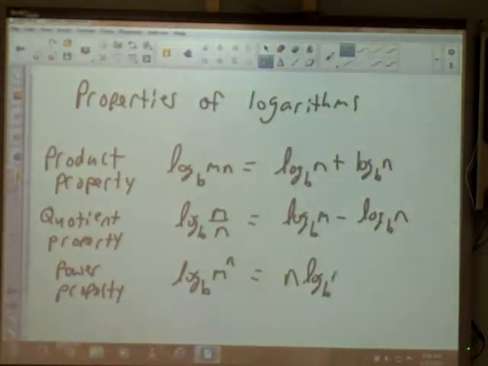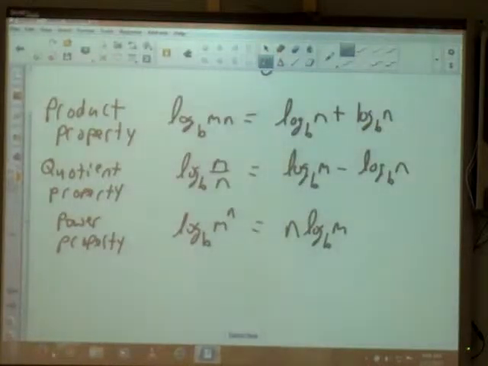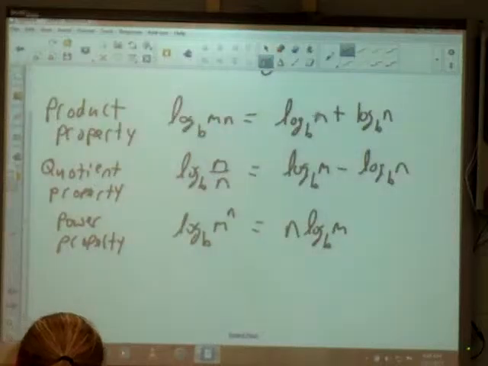How come you did n plus n on the first one instead of n plus m? I don't understand. With the next one you did n minus n, and on the first one you just did n plus n. That's an m. Is that what you mean?